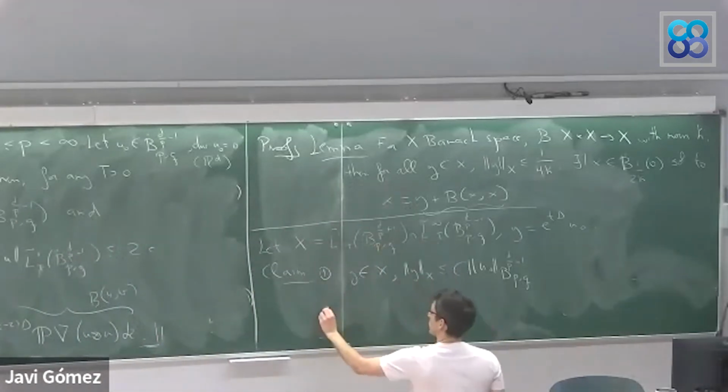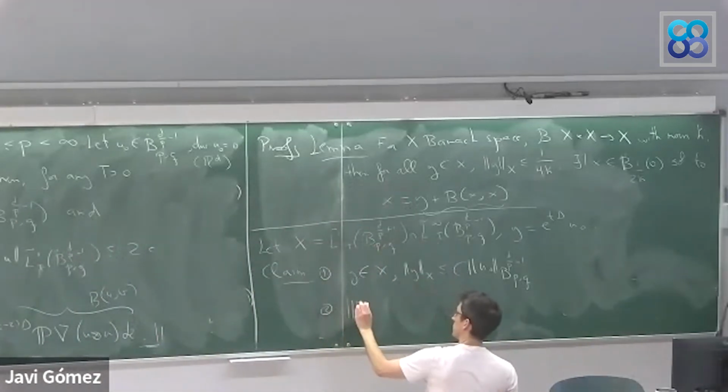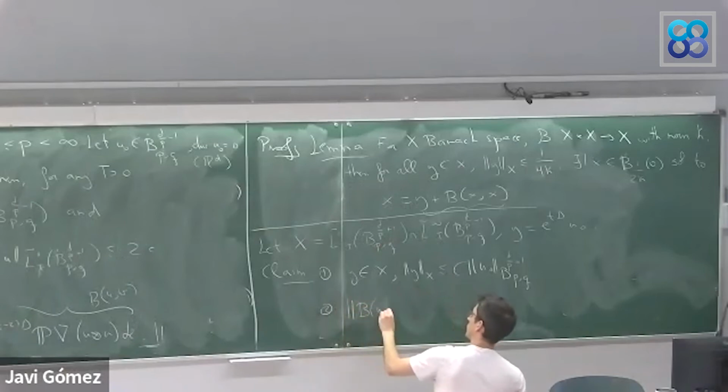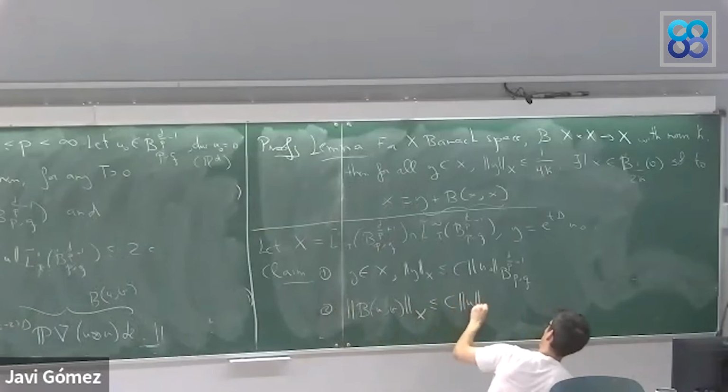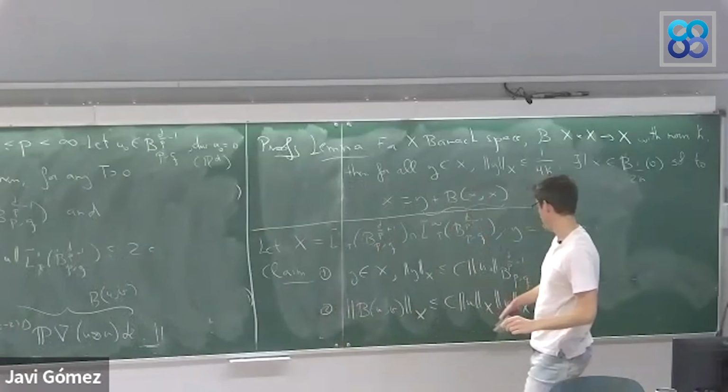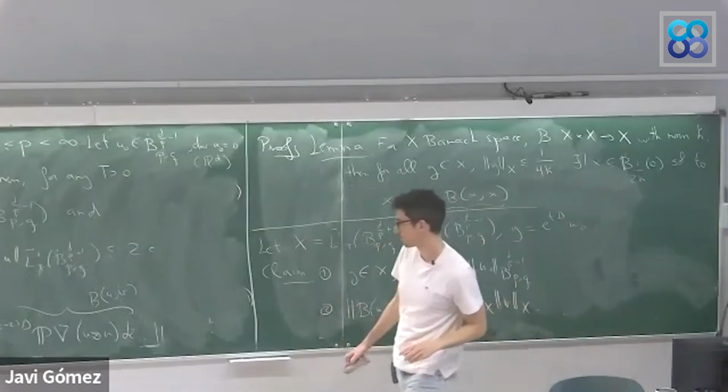And now the second part, we need to prove that B(U,V) in X is controlled by the norm of U and V in X.